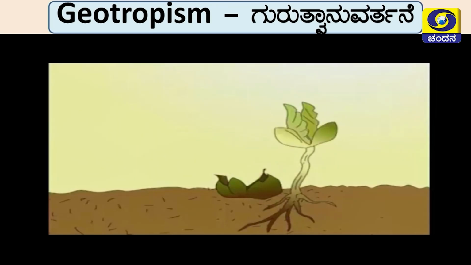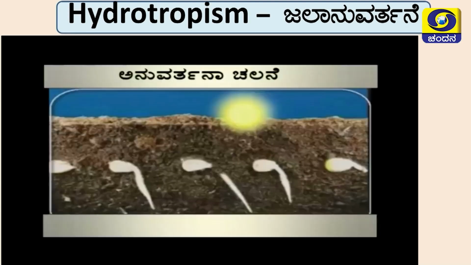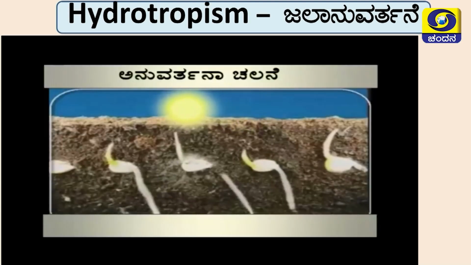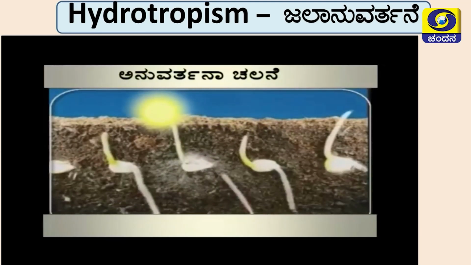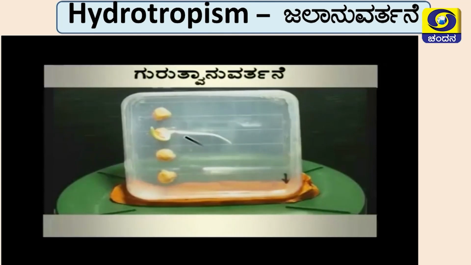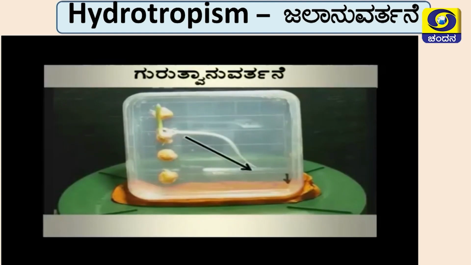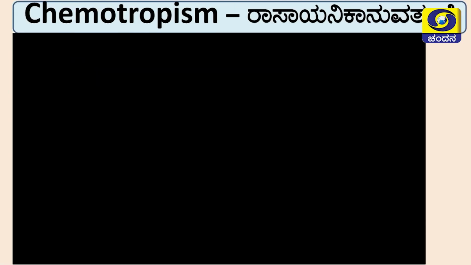Next we will see hydrotropism, in which the roots are growing towards water. Hydro means water, tropism means growth or moving towards that. Here I have also shown you that not only hydrotropism, geotropism is also seen. The roots are growing towards the earth, so even that is present.